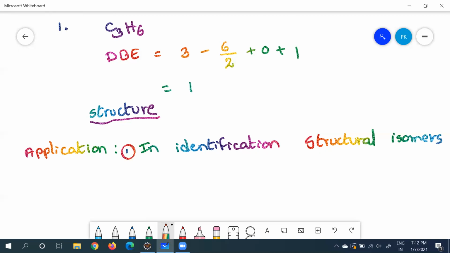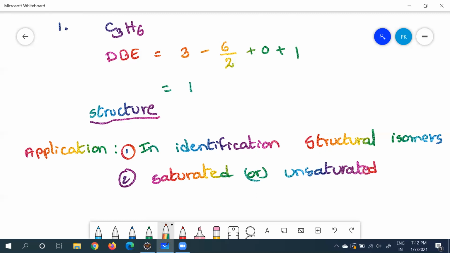Second, you can differentiate whether the given compound is saturated or unsaturated. You can also say the strength of the bond. If there are double or triple bonds, the strength of the bond can be explained with the help of DBE.